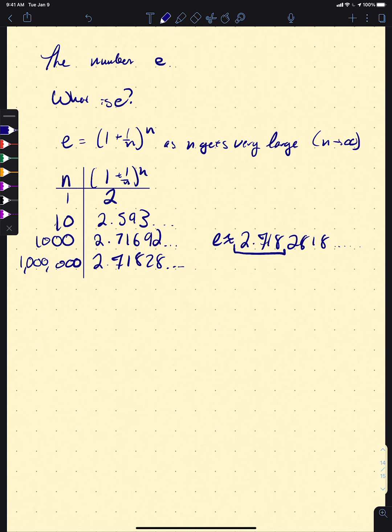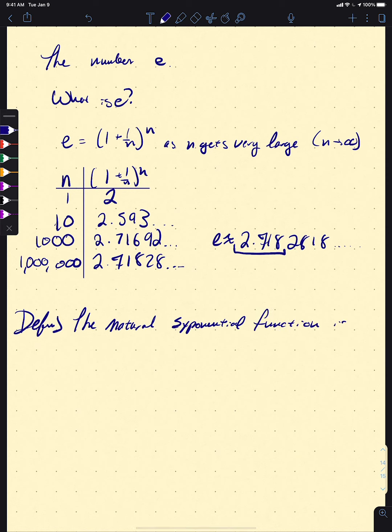So with this behind us, let's write down this formal definition. The natural exponential function is the function f of x equals e to the x, where our base is e.